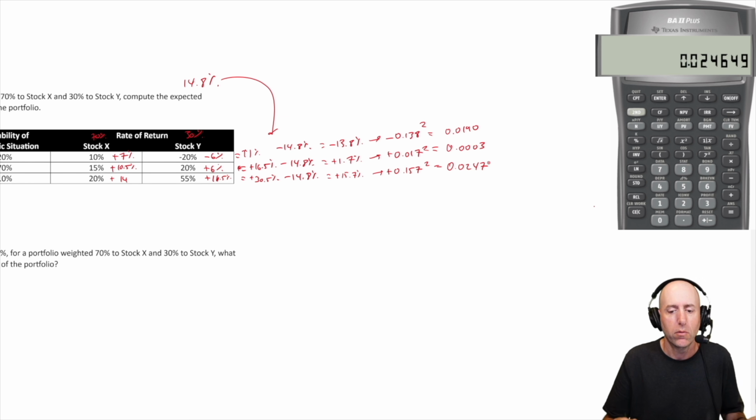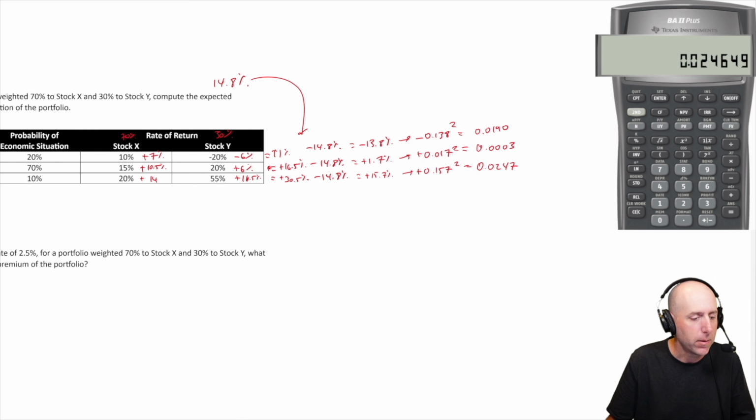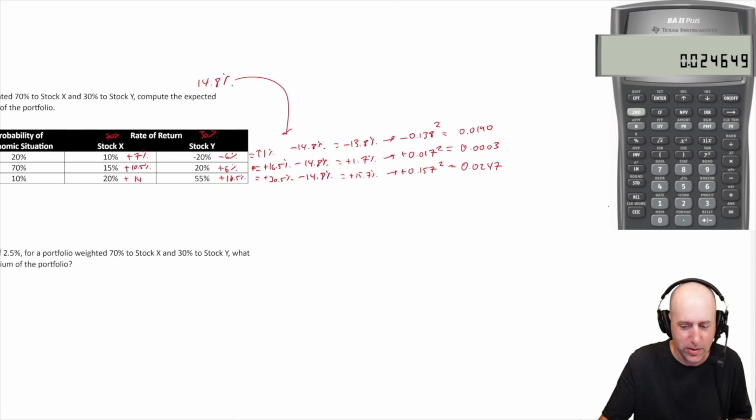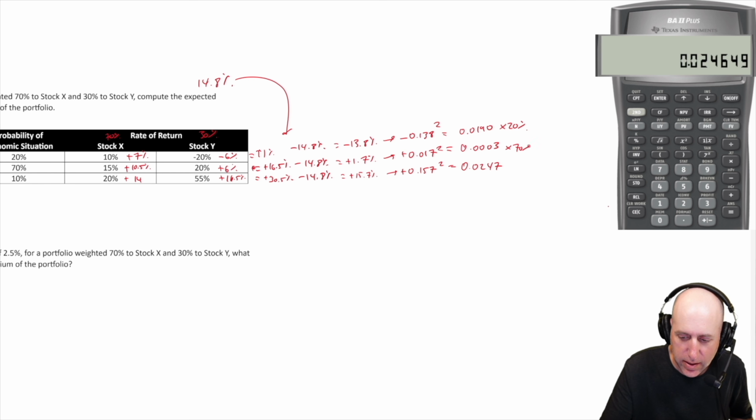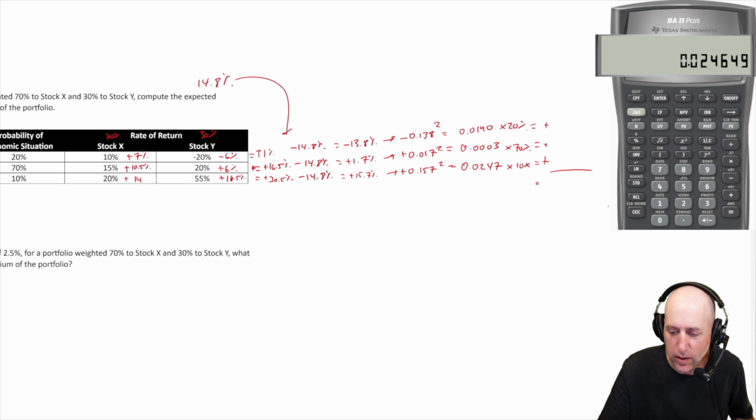Okay, so we've squared those. We also need to apply the probabilities here. So we multiply here by 20%, by 70%, and by 10%. We'll sum those all up, and that's going to calculate our variance.